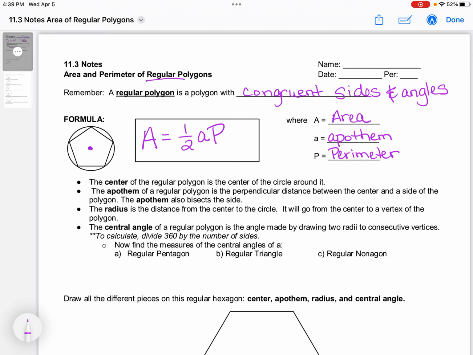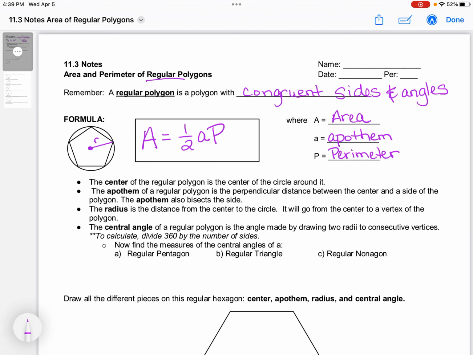All right, so the center of the polygon is the same as the center of the circle. So you could think of the radius as from the center of the polygon out to any of the corners.